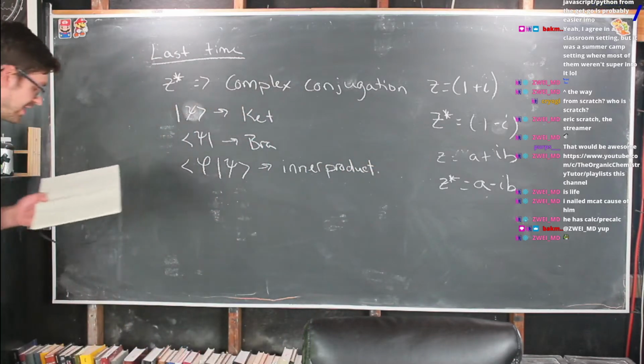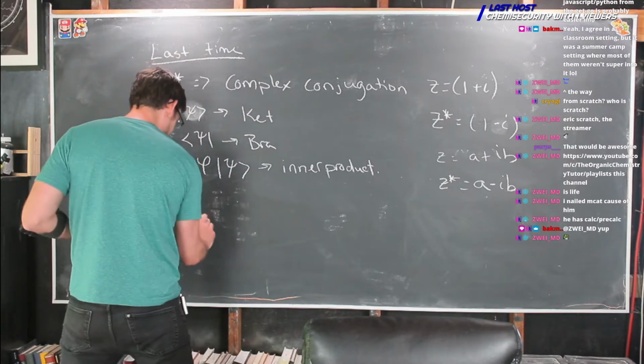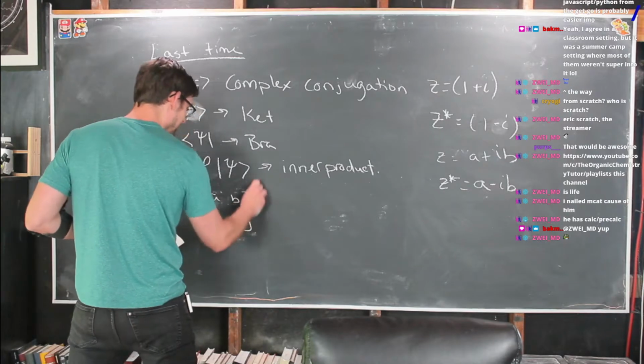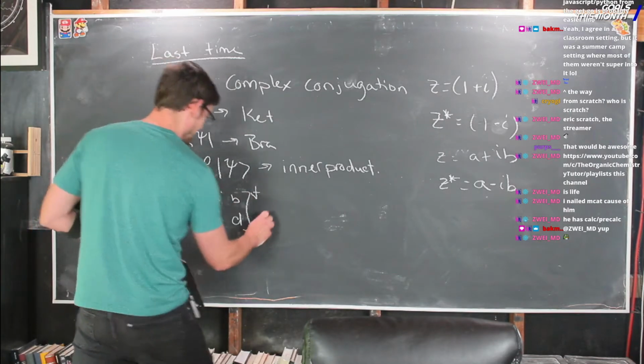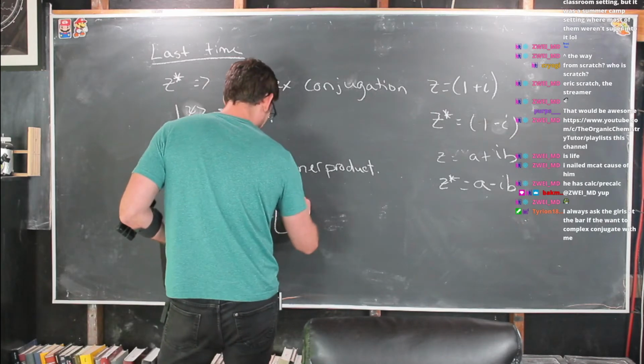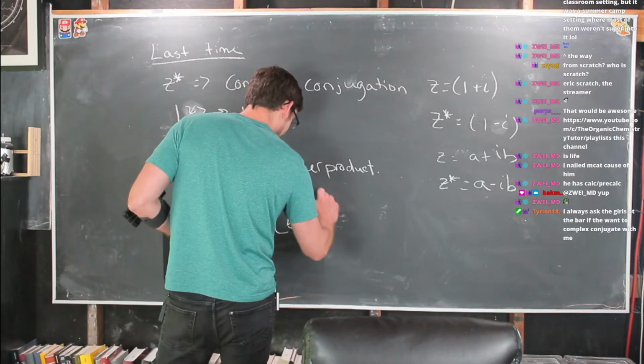And then the last thing we talked about was adjointing. I'll give you an example of an adjoint. If you have a matrix A, B, C, D, then the adjoint of that matrix is going to be the complex conjugate of every single element: A star, B star, C star, and D star.